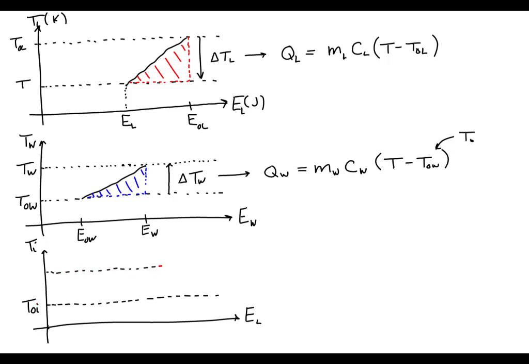The ice will arrive at the same final temperature as the water and the lead. I'll call that T sub I. But remember, the final temperature of the ice equals the final temperature of the water equals the final temperature of the lead equals T. So the ice starts off with an initial state of energy.